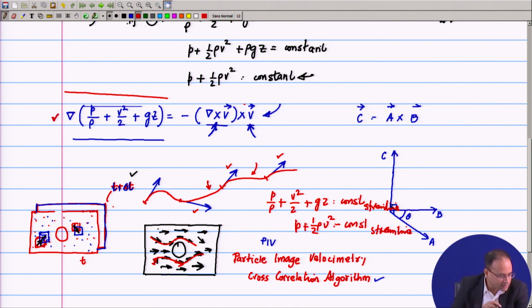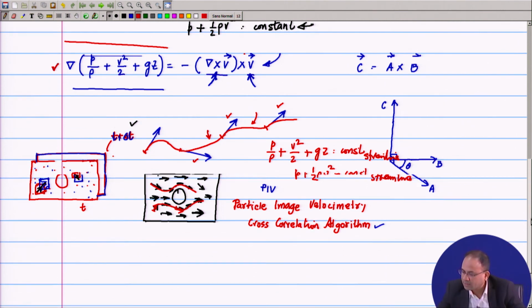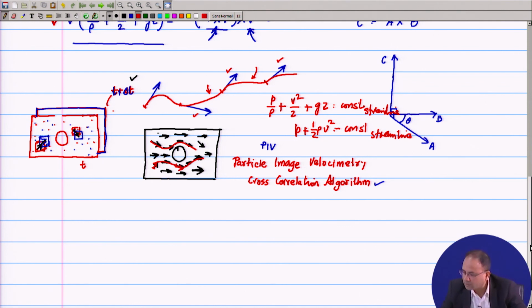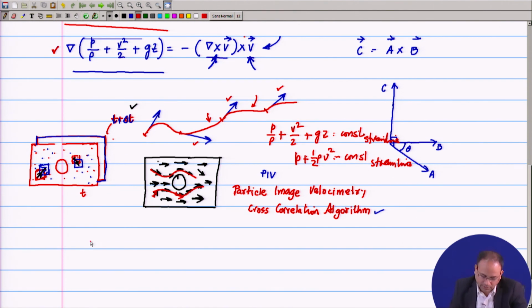So, what we say is, let us take the dot product of this gradient. So, we say that gradient of p by rho plus v square by 2 plus g z, whatever we get here, take a dot product with the local streamline direction.